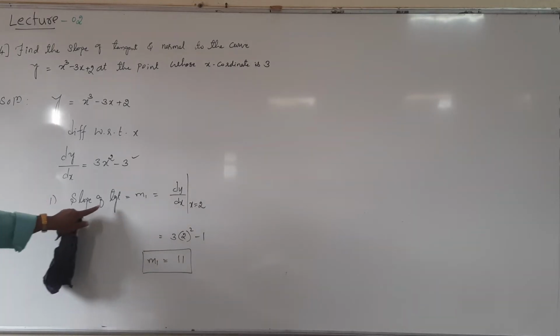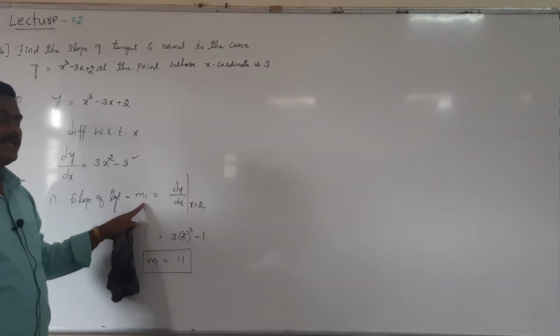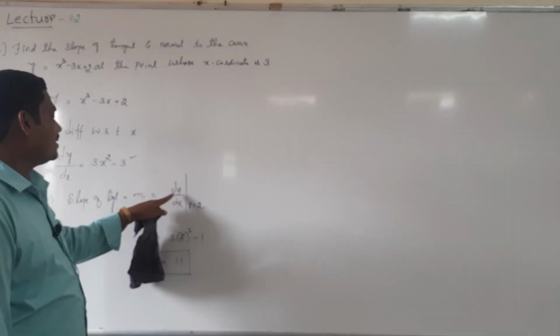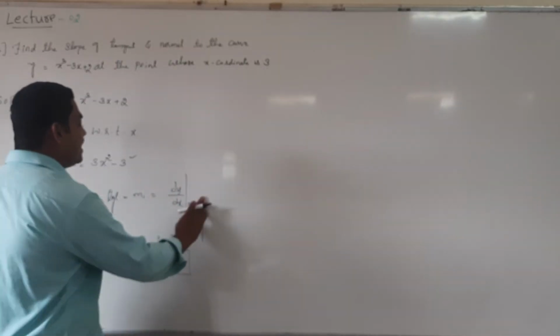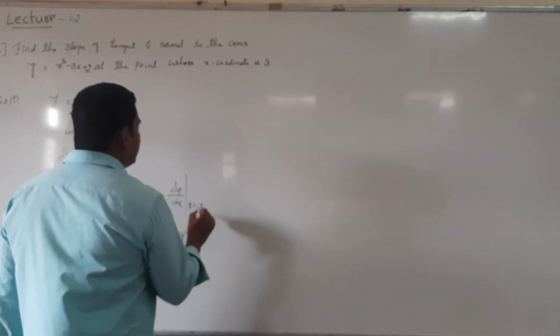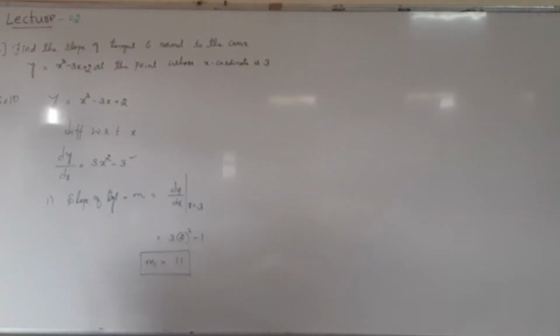write slope of tangent. Slope of tangent m1 is equal to dy by dx at a given point. In this case, the given point is at x equal to 3.